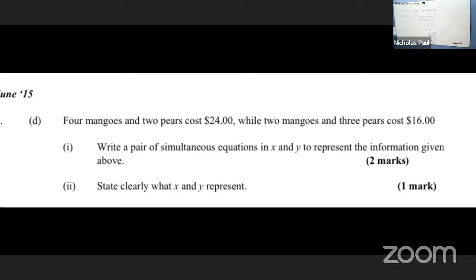Last one. Mangoes and pears. Take your time, develop it, choose what you want to do. Develop the equation.